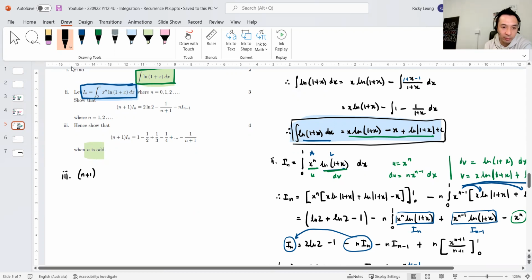So I know that my recurrence statement looks like this, right? I'll start there. So I_n = 2ln2 minus 1 on n plus 1 minus n on n plus 1 I_(n-1). First point I'm going to do is sub in a value for I_(n-1), right?